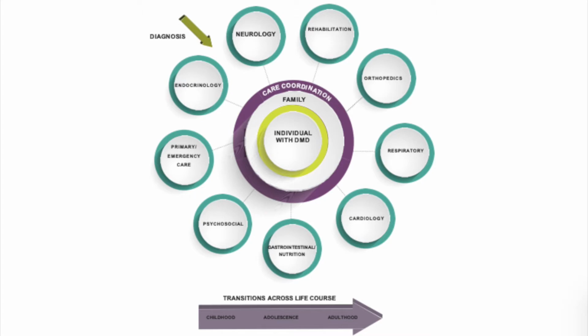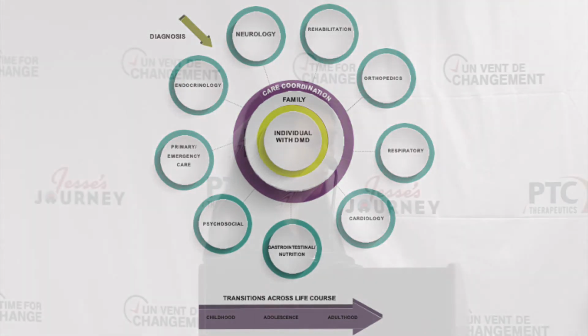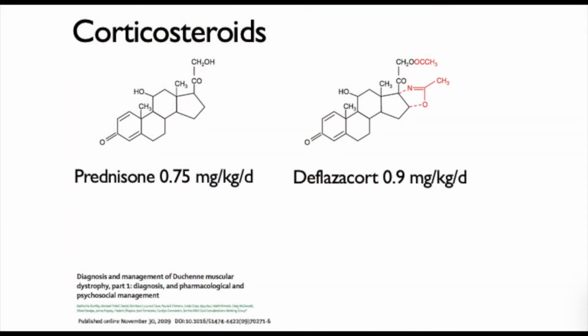They all play a role. They don't all need to be involved all through, but as the different stages from diagnosis to adolescence and to young adulthood, they all may play a role in taking care of your child.